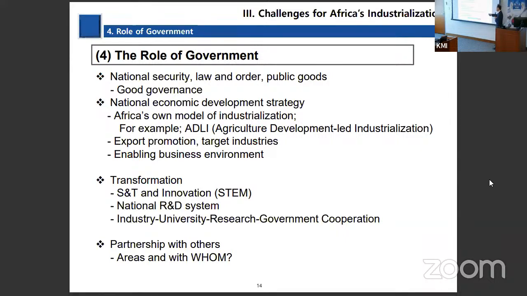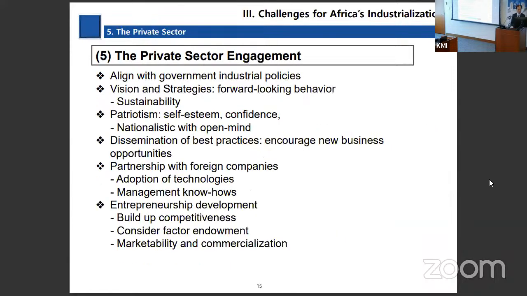How? They need to promote science and technology. To do that, you need a national R&D system, which Korea had. Industry, university, research, and government cooperation is very necessary, and you need a very good partner. Private sector engagement, many presenters already mentioned, so let me skip.